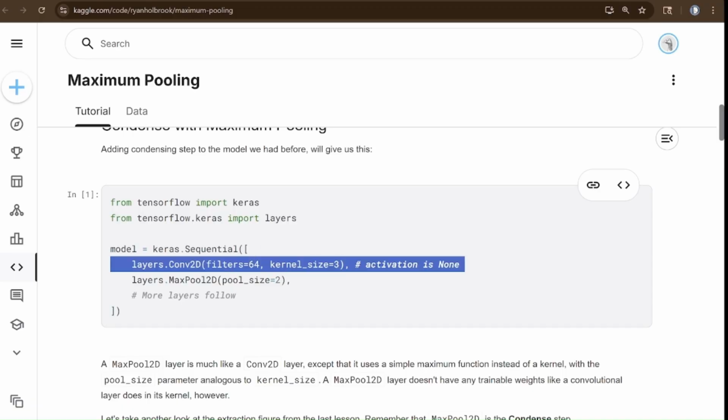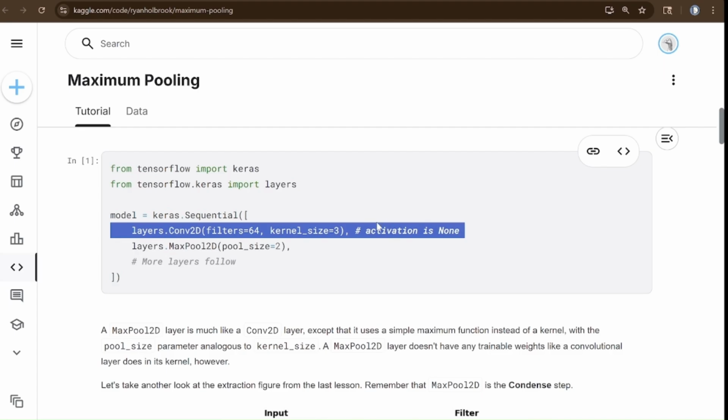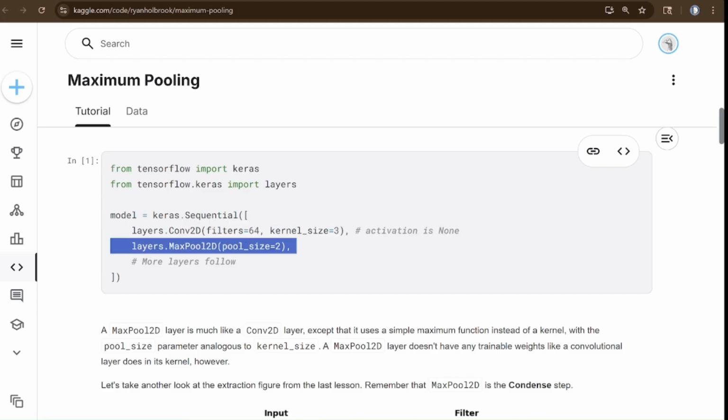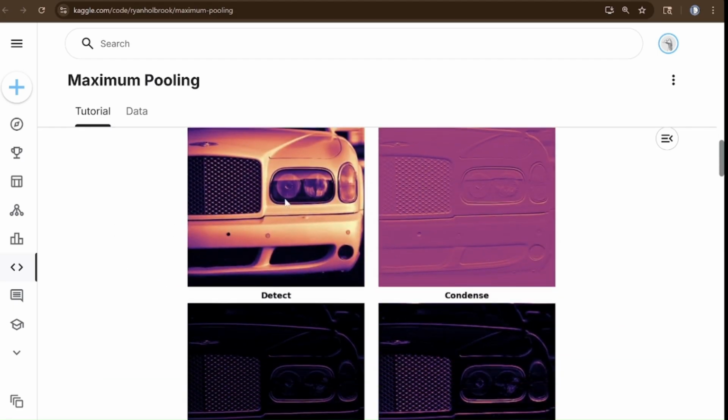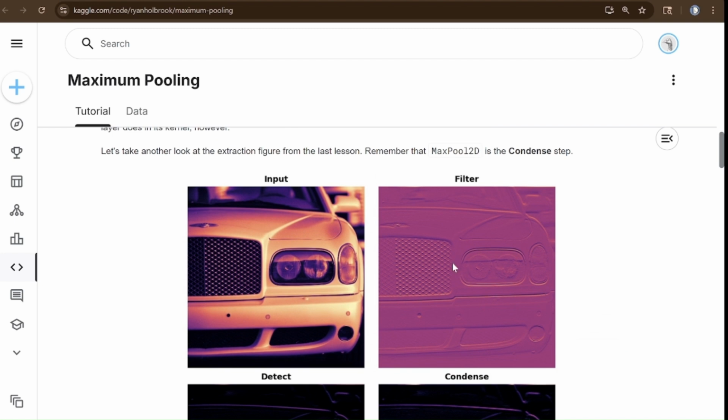Now, once you have done this, you apply activation, but here they have not given any activation layer, but we applied ReLU. If you remember what ReLU does, ReLU makes the negatives 0, right? Now once ReLU has performed its work, what you do is enhance the features. You see here, the first step is filter, that is done.